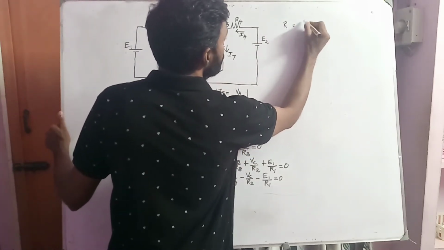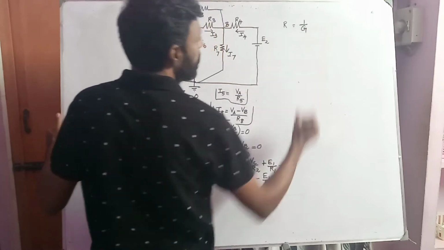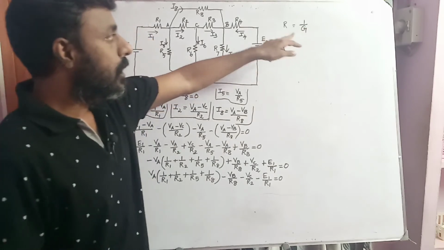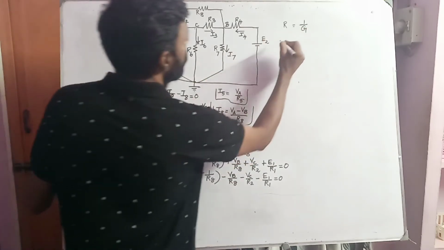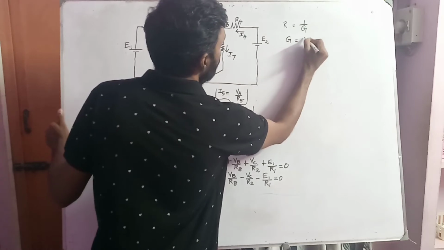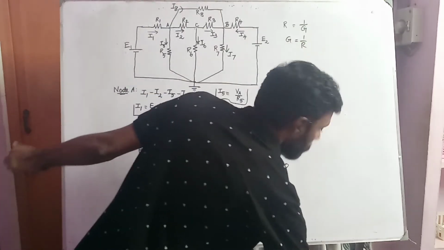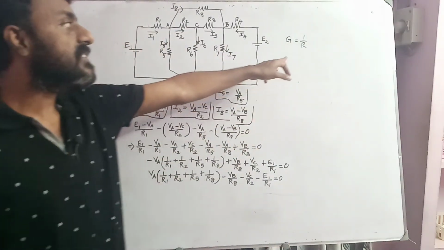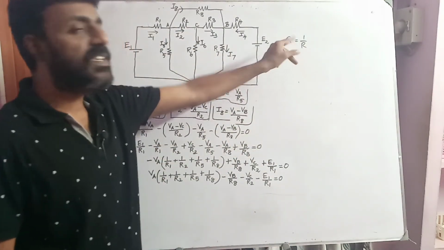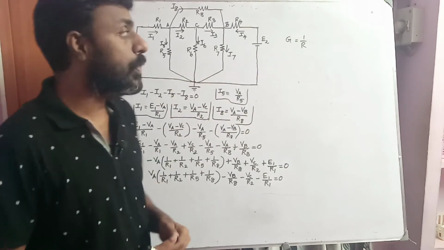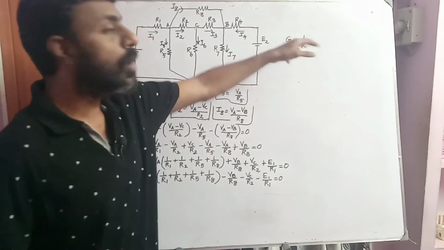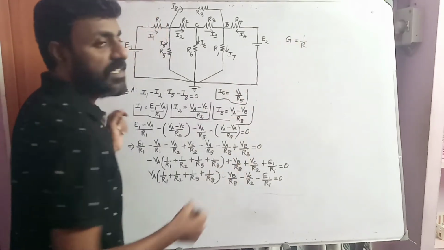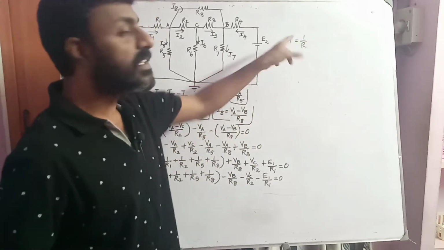If G is the conductance, then G equals 1 by R, where R is considered to be the resistance value and G is considered to be the conductance value. So conductance is nothing but the reciprocal of resistance. So instead of 1 by R, I can substitute it with G.